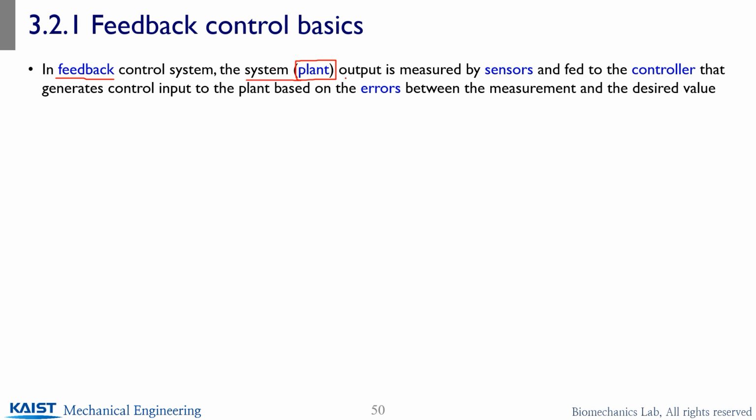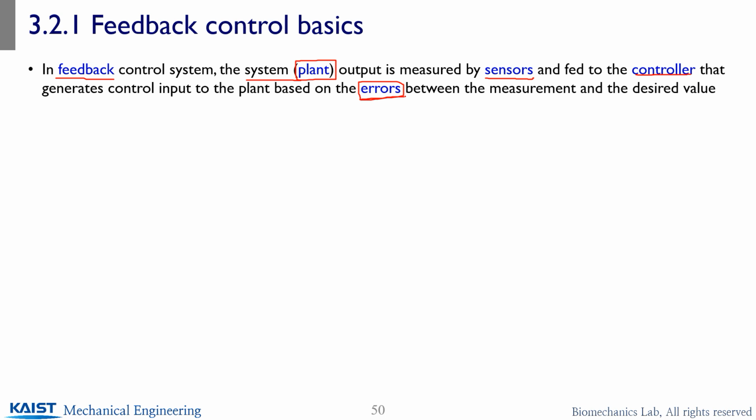You have to measure the output of this plant using sensors, and those sensed measurements should be fed back into the controller, so that the controller can generate the control input to make the system behave as you desire. To do so, your controller uses the error between the measured output and your desired value. That's what we call the feedback.